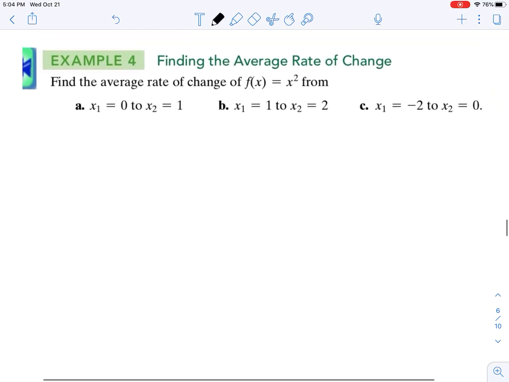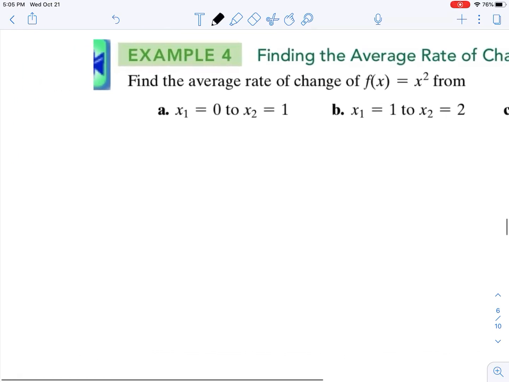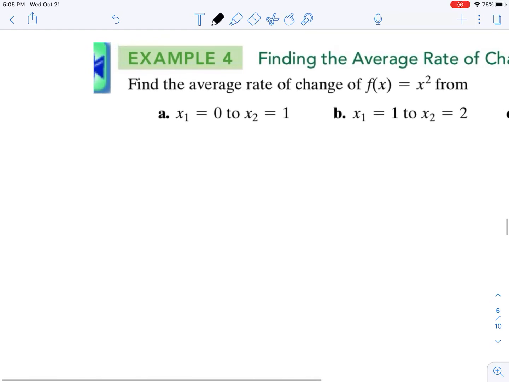Finding the average rate of change. So I'm going to go ahead and do part A in one format, and I will do part B in a different format so that you can feel more familiar with it. In part A, I'm going to first find the value of f of x1 and then f of x2, and then I will find the slope.